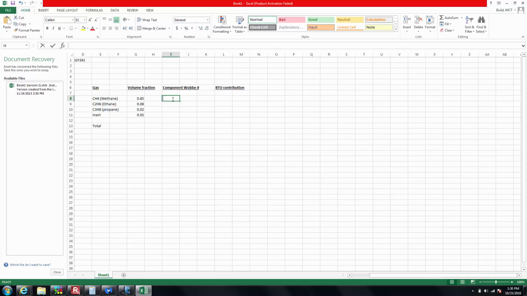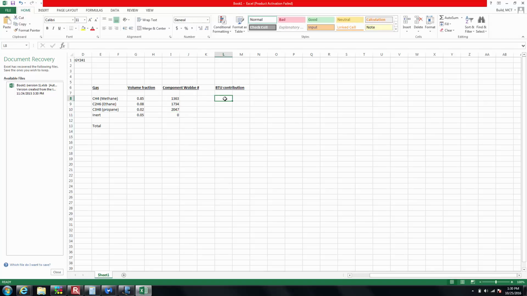We have 1,363 BTUs per cubic foot for methane, 1,734 for ethane, 2,047 for our propane, and our inert obviously is zero value.